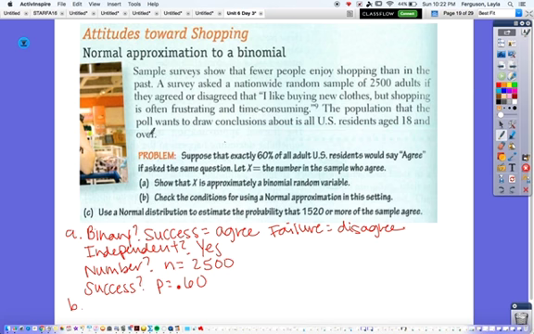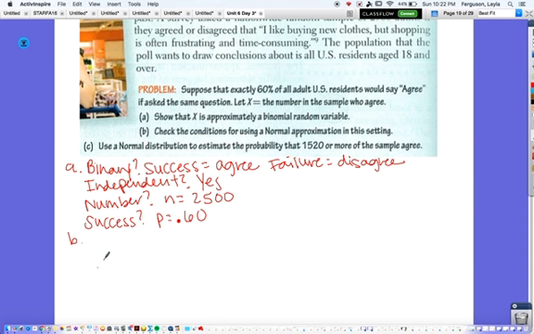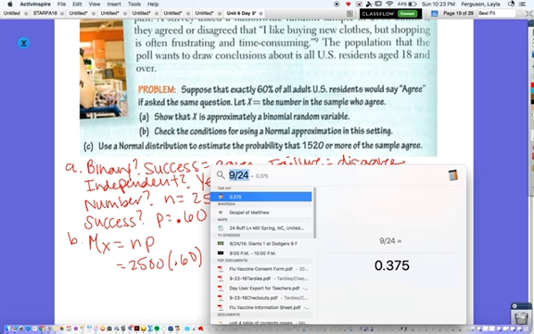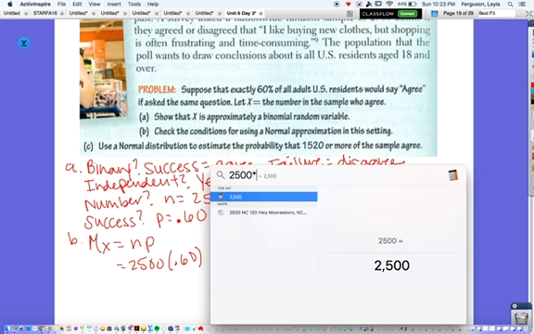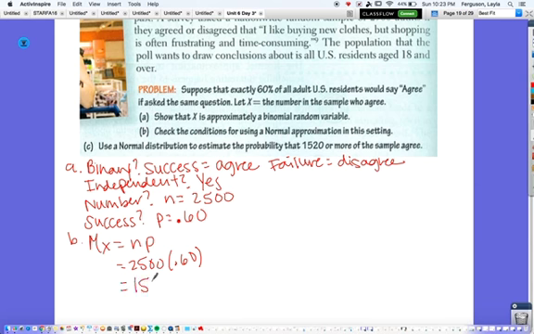We are going to use our n and our p to do that. We start with finding the mean of X, which is n times p. So we do 2,500 times 0.60, basically 60% of 2,500, and that is 1,500.